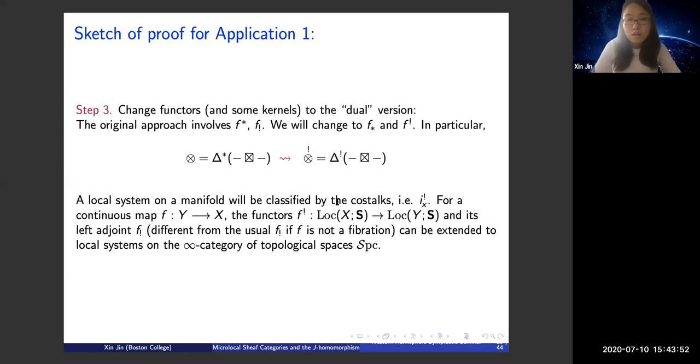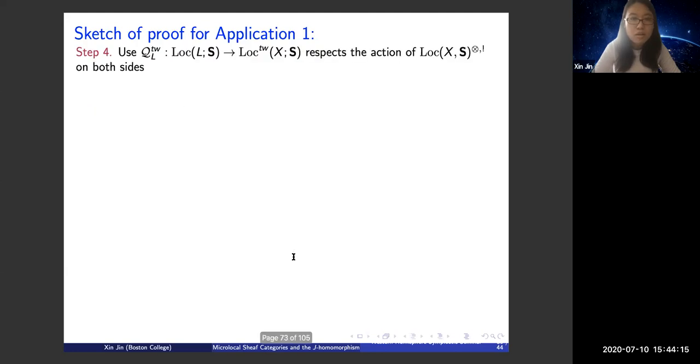To this step, we're only talking about local systems, so we can go out of the category of manifolds to the infinity category of topological spaces, and the functor naturally extends. Another important thing is that this functor has more structure: it respects the action of local systems on X with this shriek tensor on both sides.